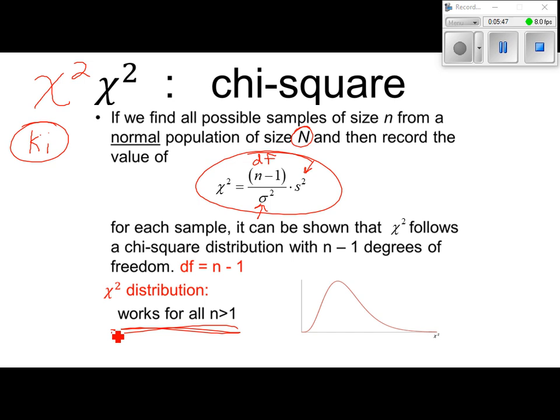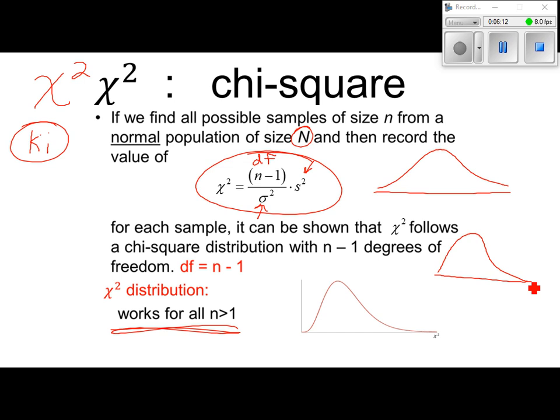This works for n. All of these chi-squared graphs are going to look a little different than the other graphs. Instead of looking like the normal curve, the chi-squared always has a tail out to the right.